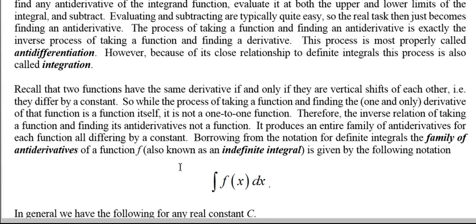So we borrow from the notation for definite integrals, and we say the family of antiderivatives of a function f, also known as an indefinite integral, is given by this following notation. We use an integral sign of f of x dx. Well, what's different in that and the definite integral? It's missing the limits. So when it's missing the limits, it's really an antiderivative or a family of antiderivatives that we're computing here.